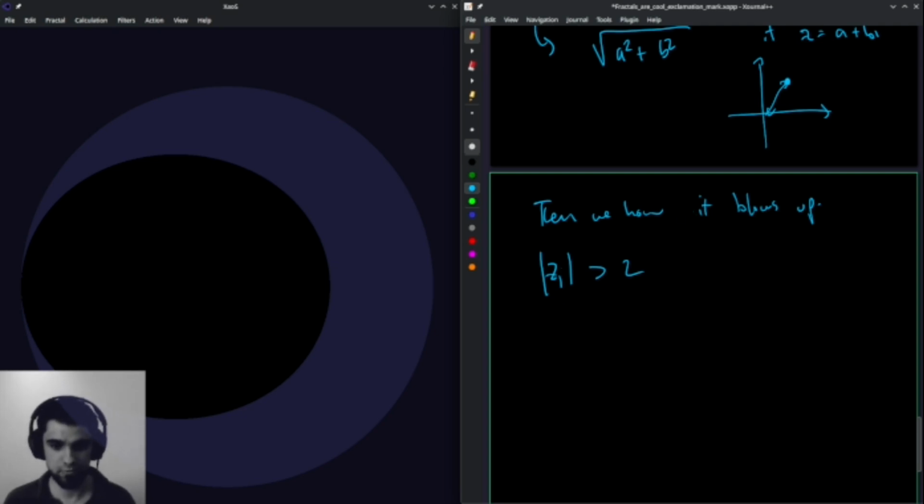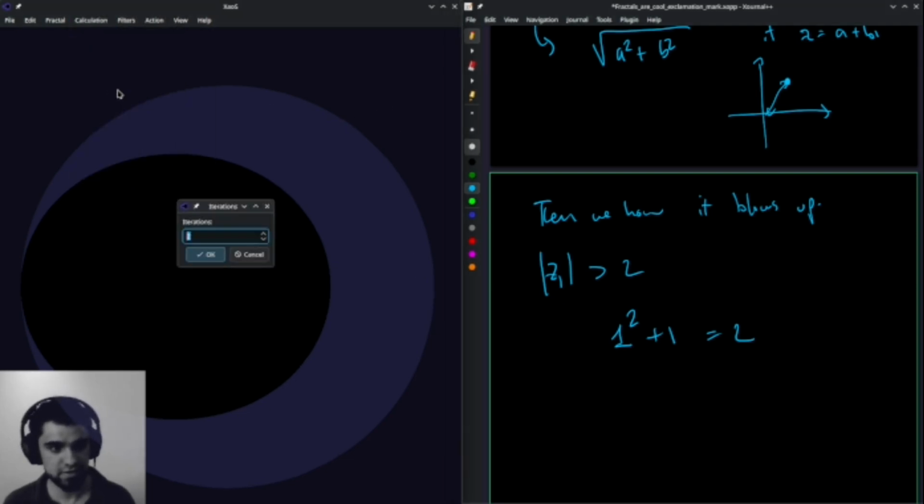Because if z_1 is bigger than 2, we know that the sequence will blow up eventually, right? So for example, here would be 1, and we know that 1 squared plus 1 is equal to 2. And so 1 will already be, we know that it will blow up, so we remove it from our set. Our set is going to be what remains in black.